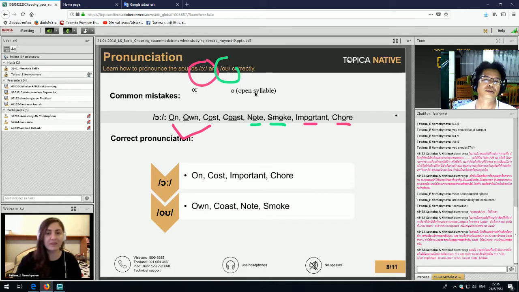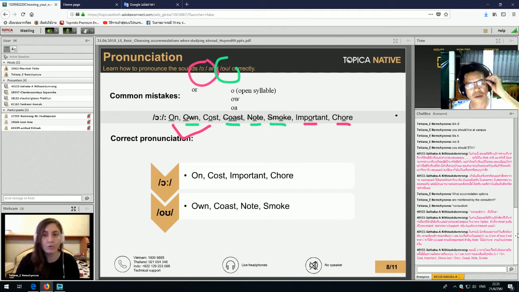Also, we need to remember combinations such as O and W, and O plus A, which are also common ways to spell this sound. So we have host and own. So that's it, guys.